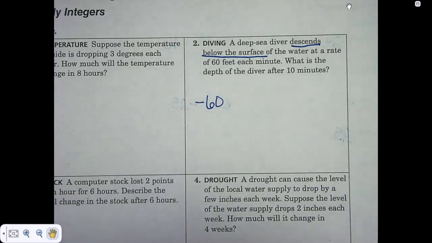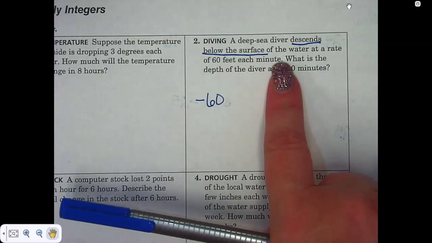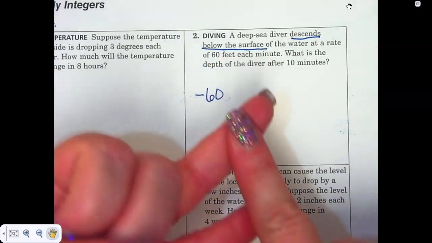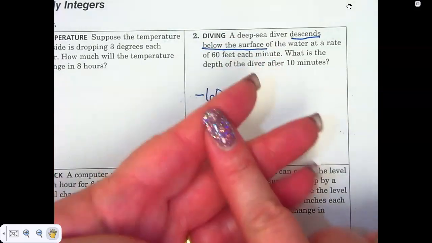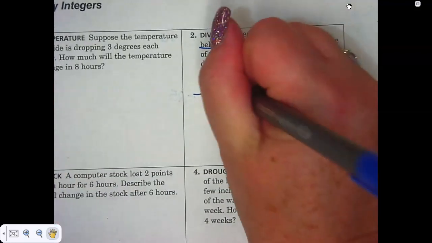So I want you to think multiplication is repeated addition, right? So if I think about it, they're going down 60 feet per minute for 10 minutes. So 60 1 minute, 60 another, 60 another, 60 another, 60 another, 10 times. So that's a multiplication problem, right?